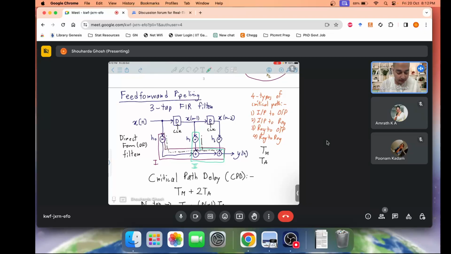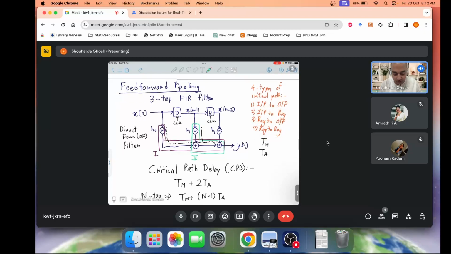So what are the types of critical path possible? A critical path should never have a delay element, or a Z inverse element, which is a register or a flip-flop. It can be input to output, with no register on the path between them. It can be from an input to a register, from a register to an output, or from a register to a register.